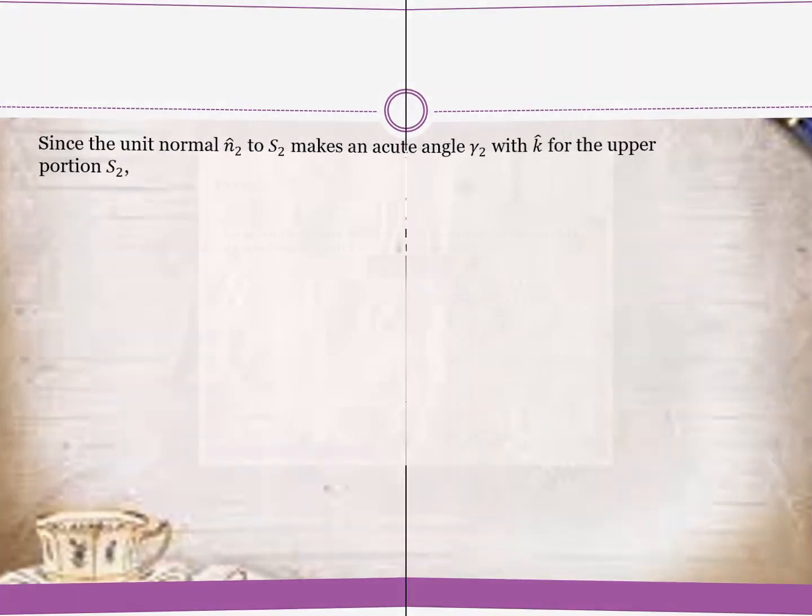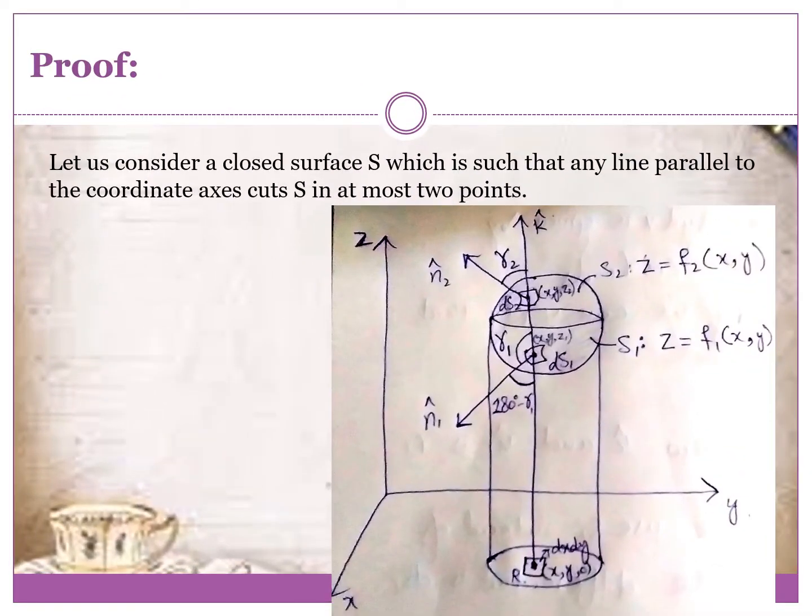Since the unit normal n2 to S2 makes an angle gamma 2 with k for the upper portion S2, if dS2 is projected on xy plane, then its projection is dy dx or dx dy.